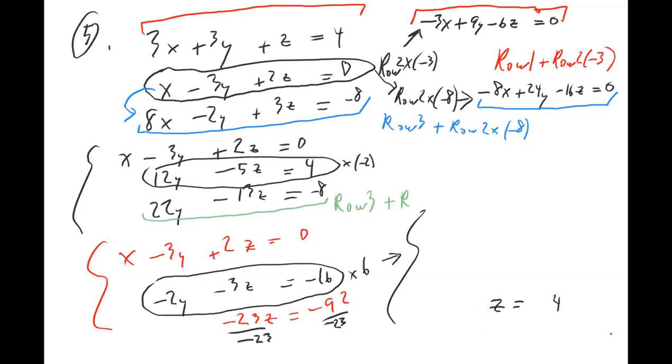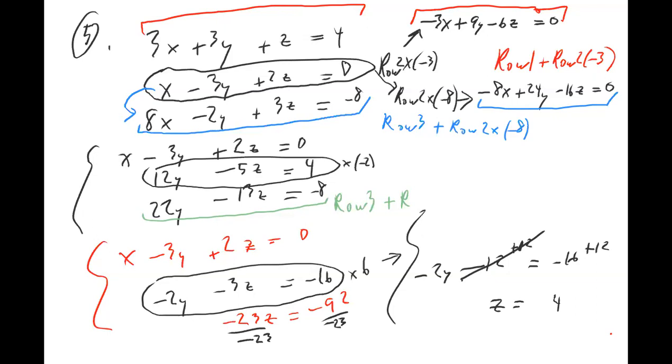But then I'm going to plug z equals 4 into the second equation. So we'll get negative 2y minus 3 times z, which is 4, equals negative 16. Negative 3 times 4 is equal to negative 12, so you can write down negative 12. Then you can add 12 to both sides, and you'll just get negative 2y equals negative 16 plus 12.